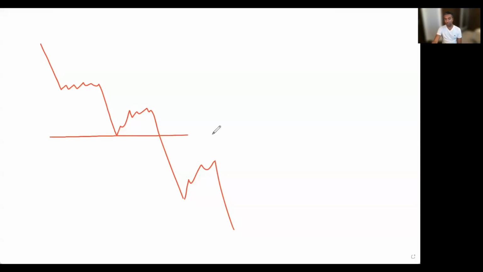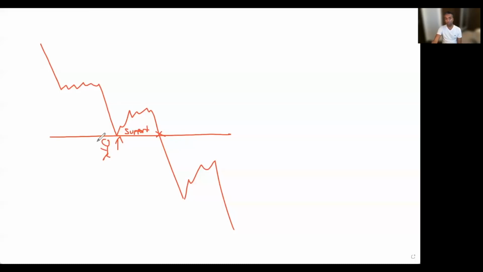So let's say prices are coming down. Prices come down, they hold a bit, they come down, they hold a bit, they come down, they hold a bit, they come down. So what people like to do is take this line and draw it across and say, that is my support. When the support gets hit like that, because support pushed up, that means this must be a good area.